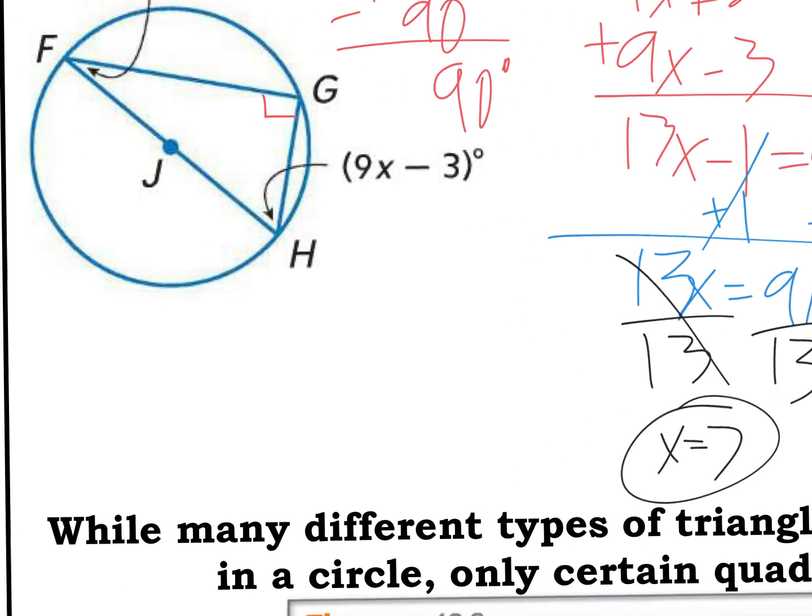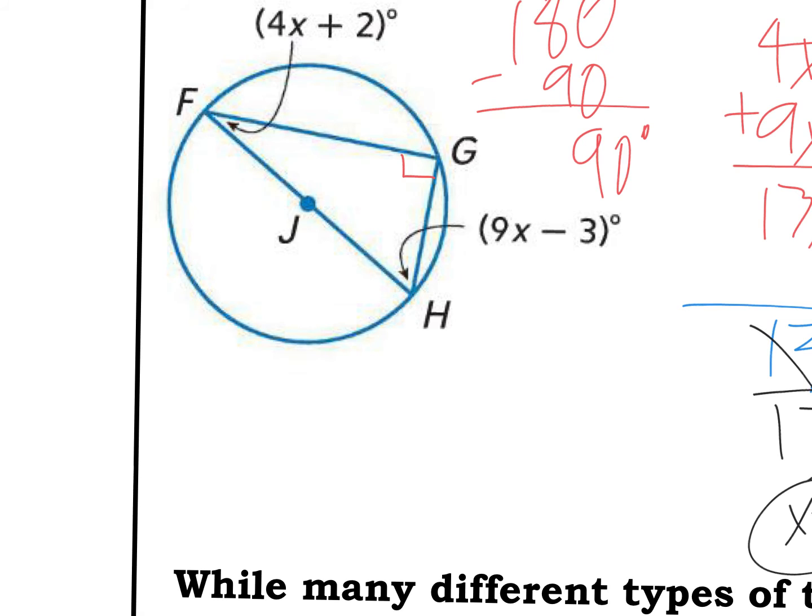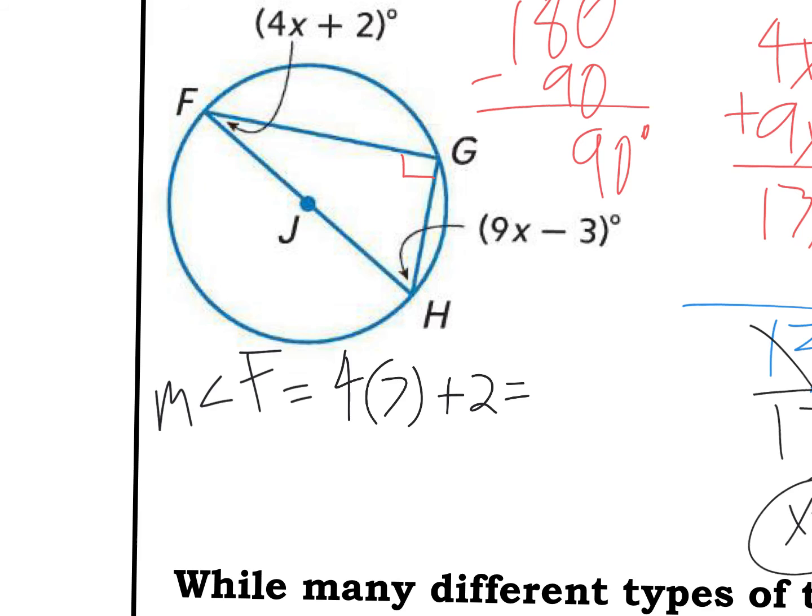So if I go back and figure out the measure of angle F, I just say the measure of angle F equals 4 times 7, that's 28, plus 2 is 30 degrees. And just for the heck of it, I'm going to figure out the measure of angle H too. Granted, you could just do 180 minus 30 minus the 90 that was given to you, and you get 60 degrees.